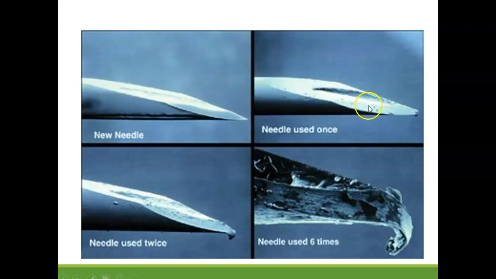This is after 1 use, after 2 uses, and after 6 uses. If you drip some medication but realize after you pulled it out of the plunger that you didn't get enough, so you stick it back in, now you've used it twice. This is what it starts to look like before you actually inject it into the patient. That's why they're going to feel the needle. So if you use a fresh needle to inject your patient, it is a much better experience for them, and they probably will not feel it.